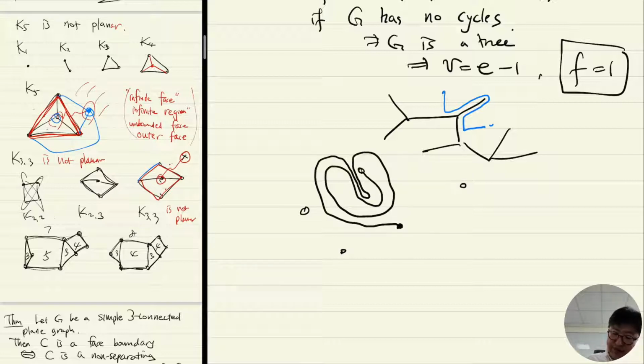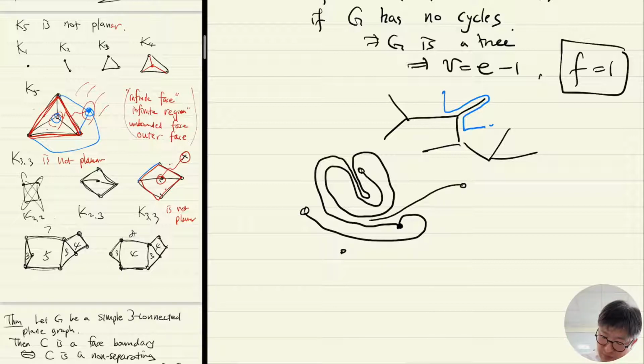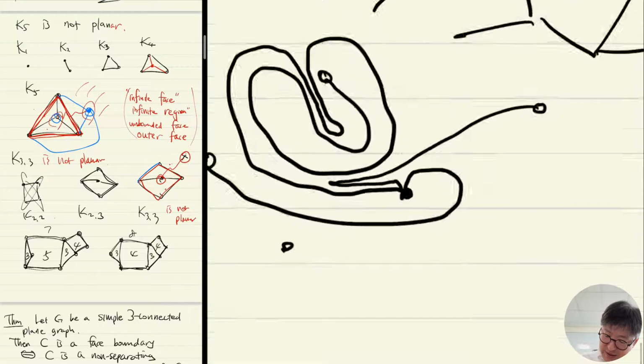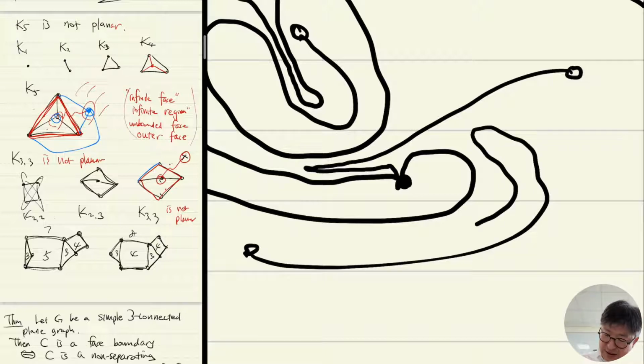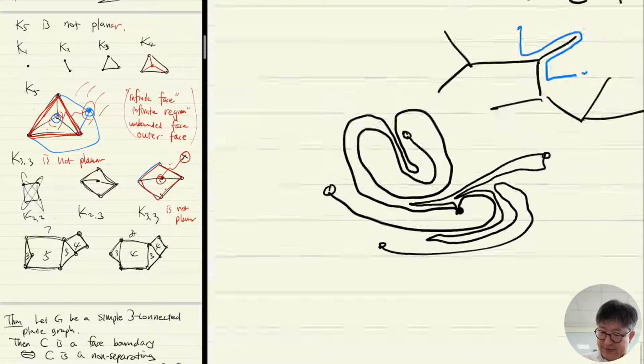So that's one edge. And then I draw another edge, and then one more edge. Okay, should I try? Why not. And then I draw an edge like this.